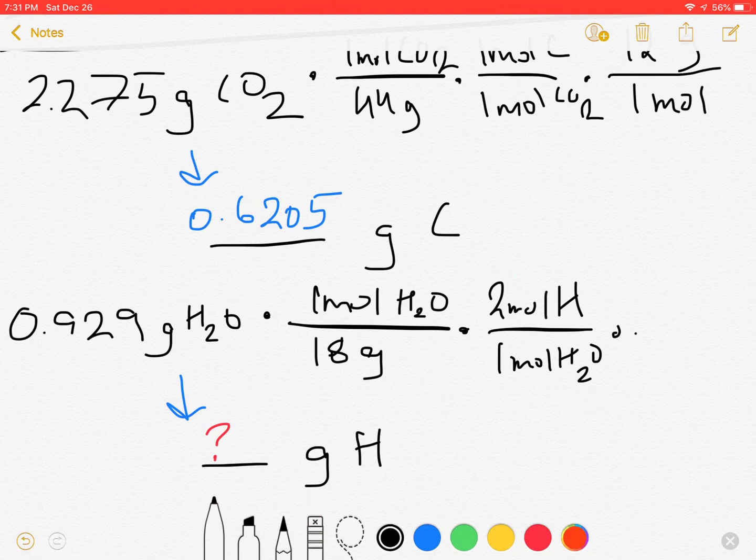Great. Now we can go from moles of hydrogen into grams of hydrogen. 1 mole of hydrogen has 1 gram of it inside.